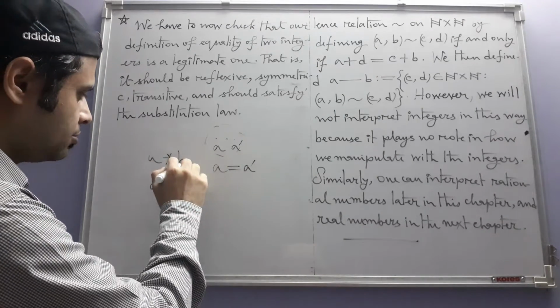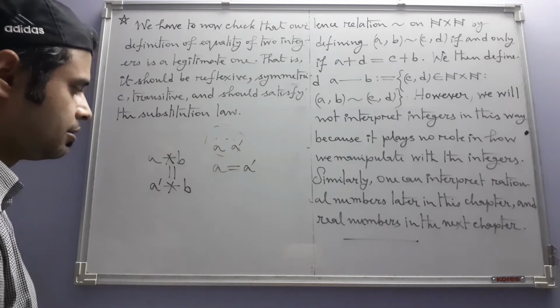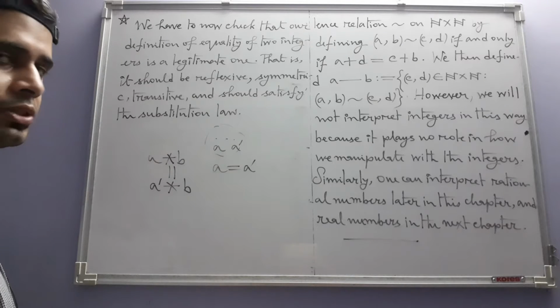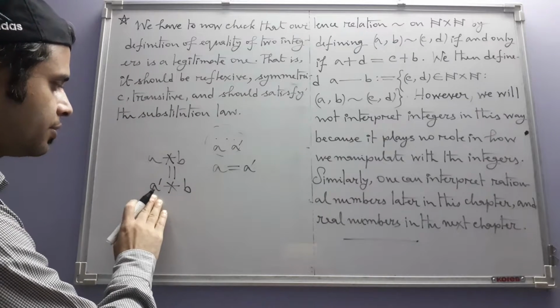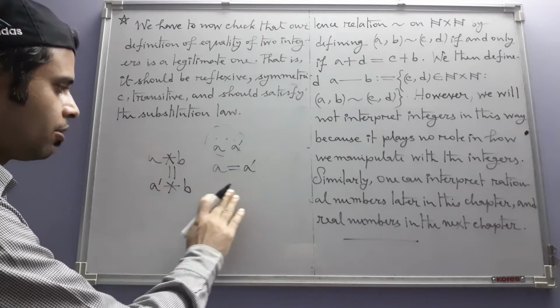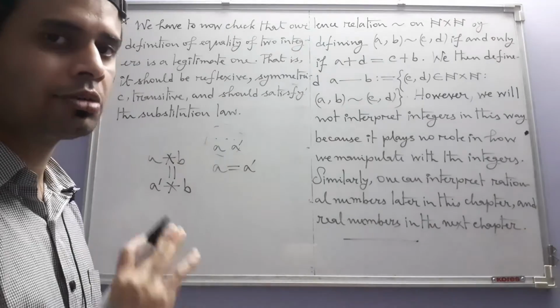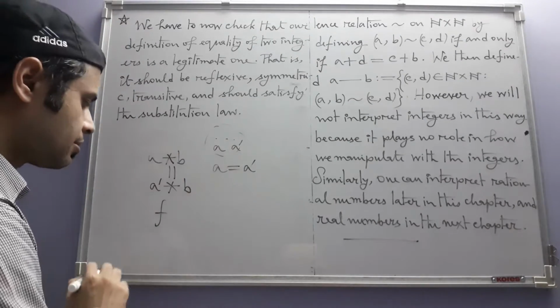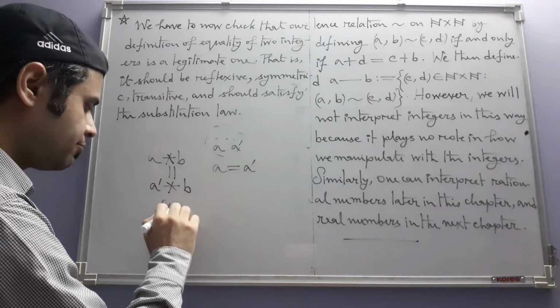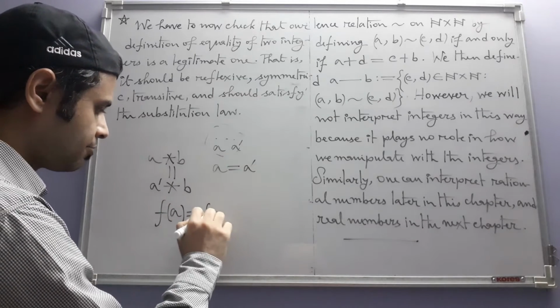That is, whatever you end up getting, they should be the same. That is the law of substitution. If you substitute an equal quantity, then the operation or any functional value should not be affected. If you, for example, define a function f also on this class, then f of A should be equal to f of A prime.